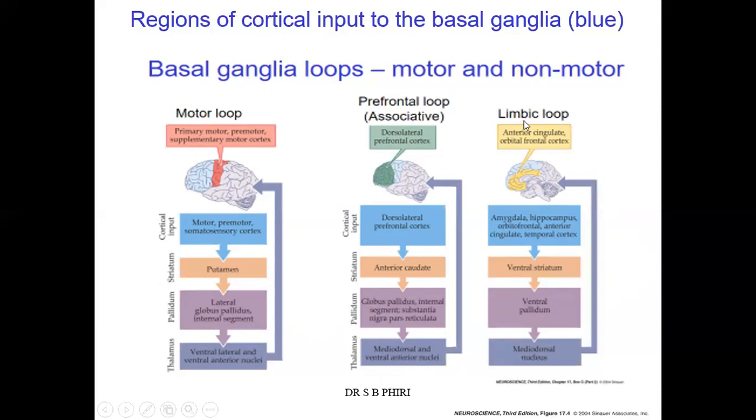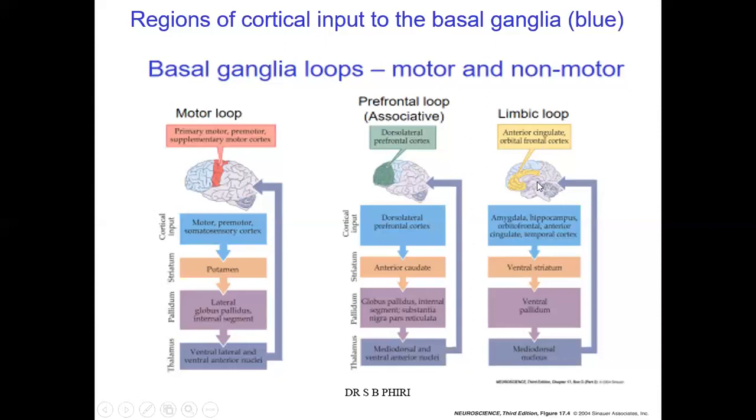Then we have the limbic loop that is involved in the limbic system, to do with addiction, emotions, and other functions of the basal ganglia. The parts of the cortex contributing to the limbic loop are the anterior cingulate and the orbitofrontal cortex.